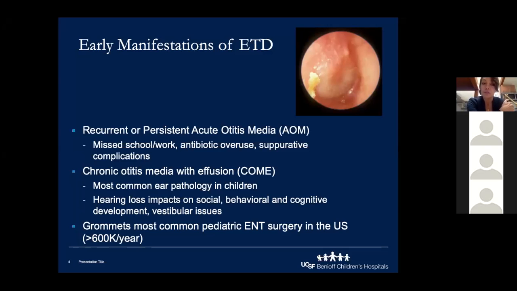There's a lot of concern about antibiotic overuse, especially when prescribed by non-ENT providers, and a number of suppurative complications of acute otitis media. So tympanic membrane perforations, mastoiditis, things that we've all encountered in our practice, really. And then, with this, the development of chronic otitis media with effusion is among the most common pathologies in children.